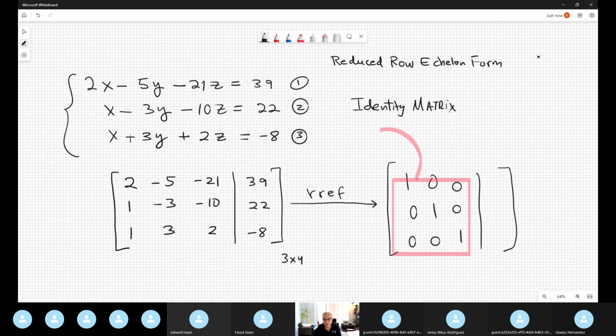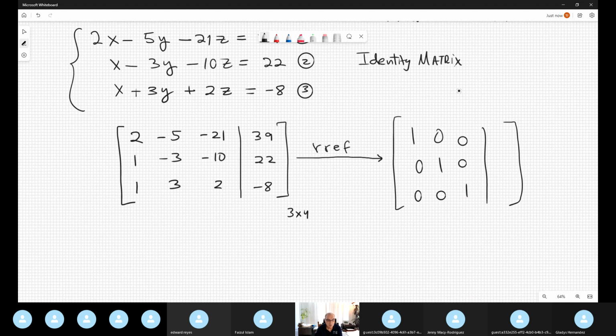The reason for the name is not clear to you now, but I anticipate a little bit that this is because when you study the operation with matrices, not this echelon, another operation, for example multiplication of matrices, when you multiply any matrix, the identity behaves like a 1. When you multiply 1 times 20, it's 20, no? A similar situation happens with the identity matrix. The identity matrix, by the way, is indicated with the capital I.